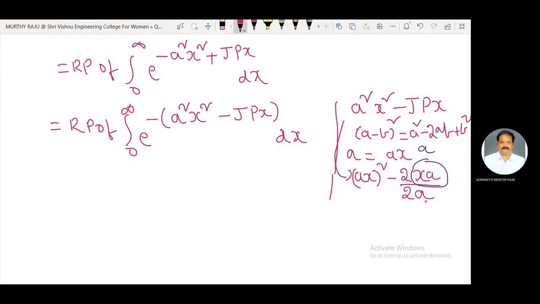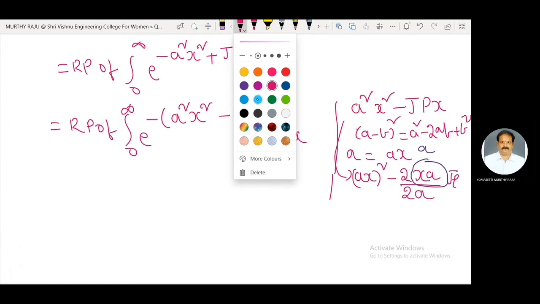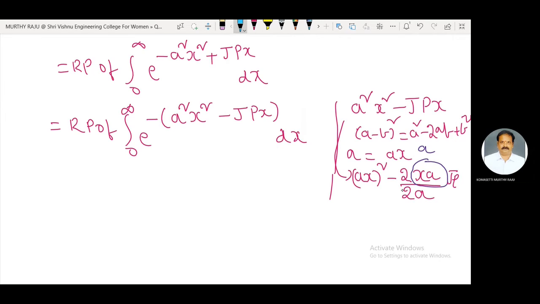Okay, now the remaining x term is jp. This is the b term. Next, b square term is not there.